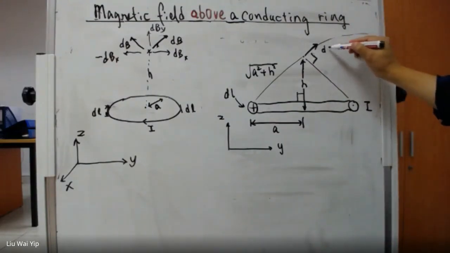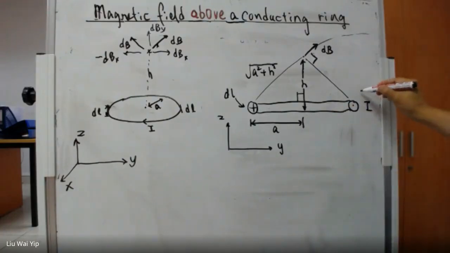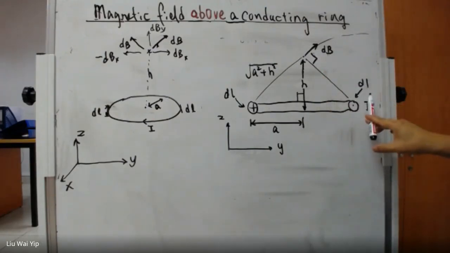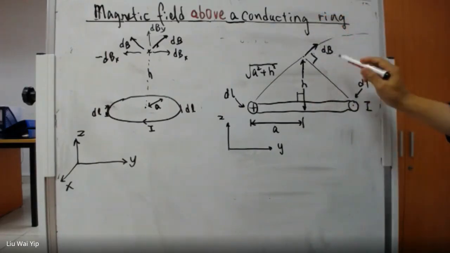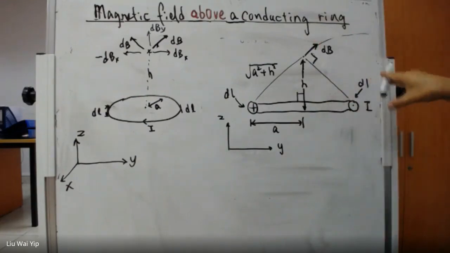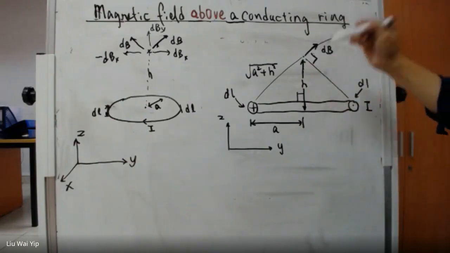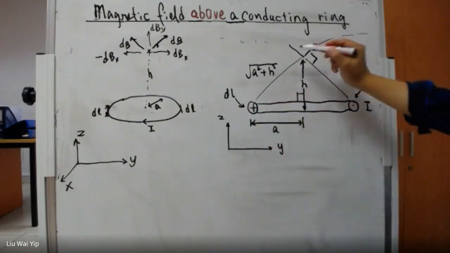So B will be here. And this is another delta L. If you have a magnetic field due to this delta L here pointing this way, you should expect another one counterbalancing this delta B on the right side, because of the fact that you have a delta L here.